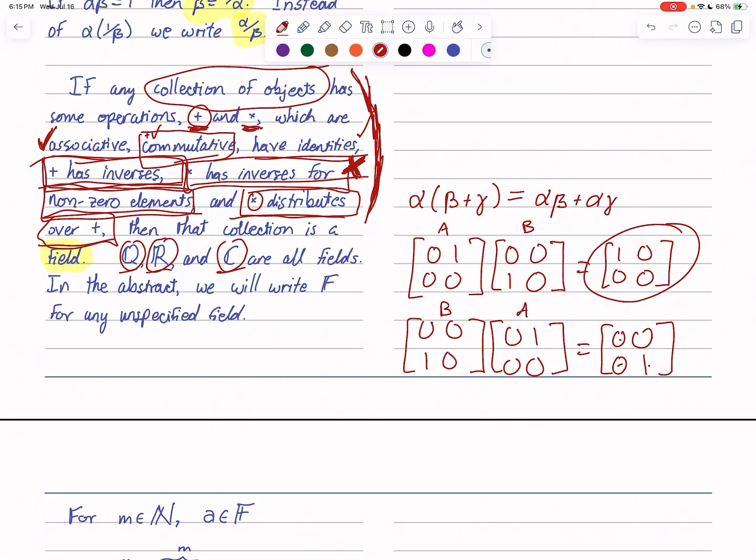That's what makes Q a field when Z is not: Q is furnished with all of those multiplicative inverses for non-zero elements. So there's the idea of a field.